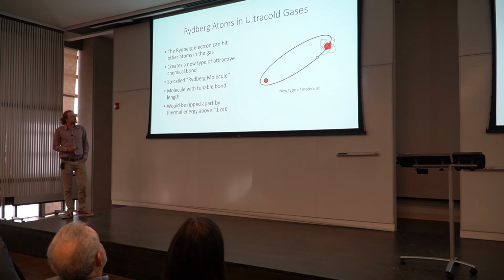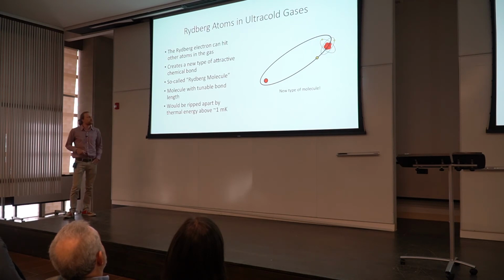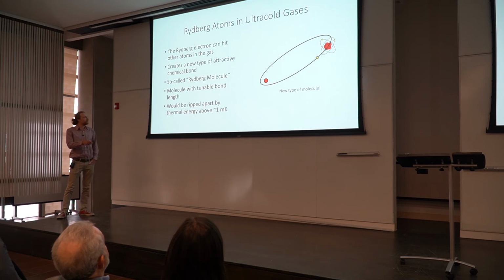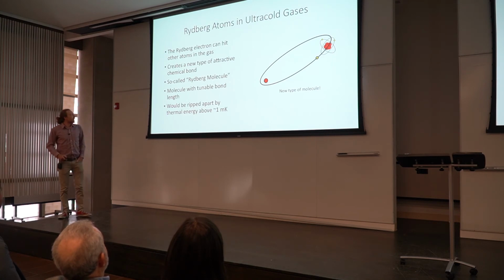This scattering process is actually attractive and creates a new kind of chemical bond, which can create a molecule with a bond length that's the size of this orbital. So we're talking molecules with 2 atoms that are 100 nanometers apart. I can make dimers, trimers, tetramers, even pentamers of this shape and size. This new kind of bond is called a Rydberg molecule.